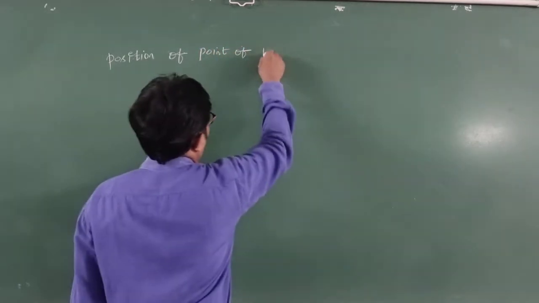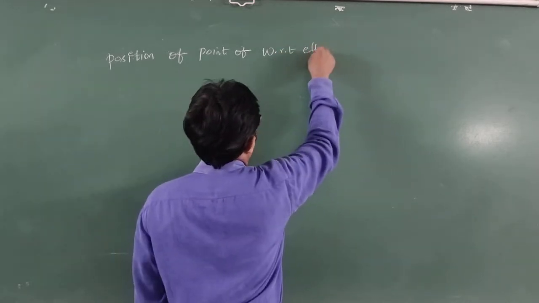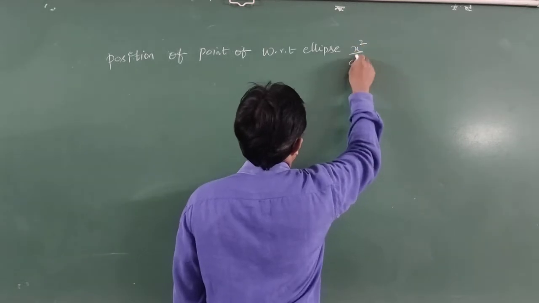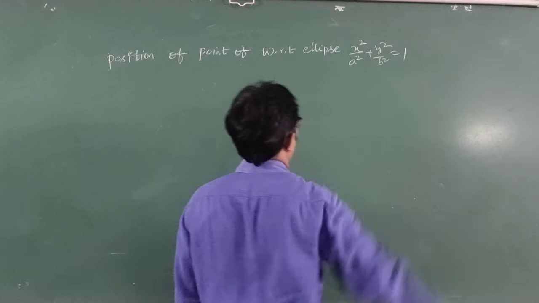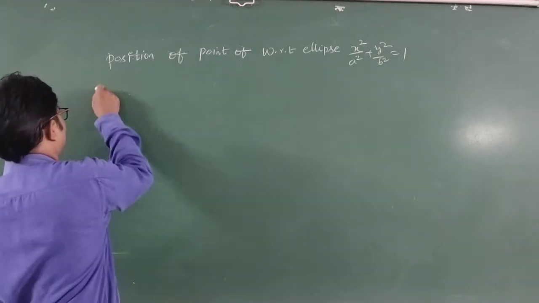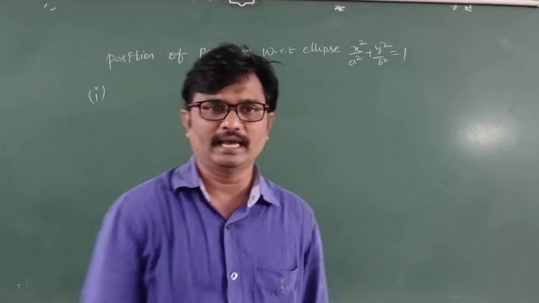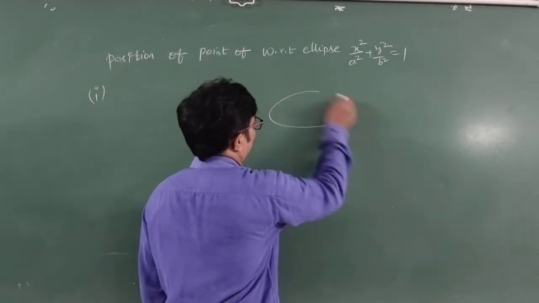Position of the point with respect to the ellipse x square by a square plus y square by b square equal to 1. So students, there are three cases. If P lies, this is the ellipse students.